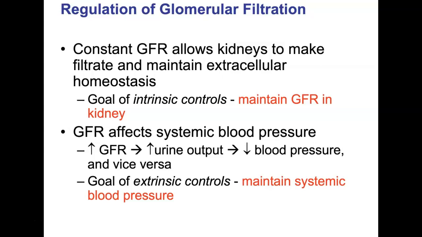In extreme changes of blood pressure, meaning that the MAP, mean arterial pressure, is less than 80 or greater than 180 millimeters of mercury, extrinsic controls take precedence over intrinsic controls in an effort to prevent damage to the brain and other crucial organs.